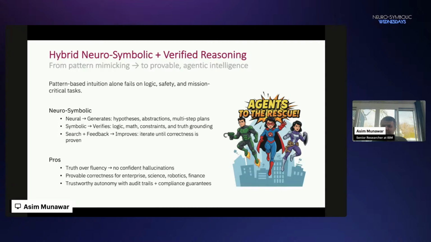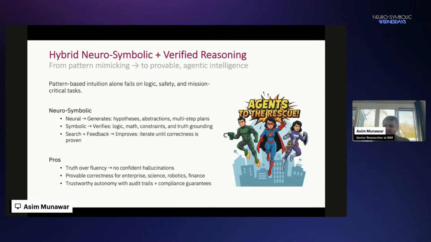In this case, we can use what LLMs are good at: they are good at creating hypotheses, abstractions, translations, format conversions, and so on, and symbolic for verification, handling constraints, and so on and so forth.